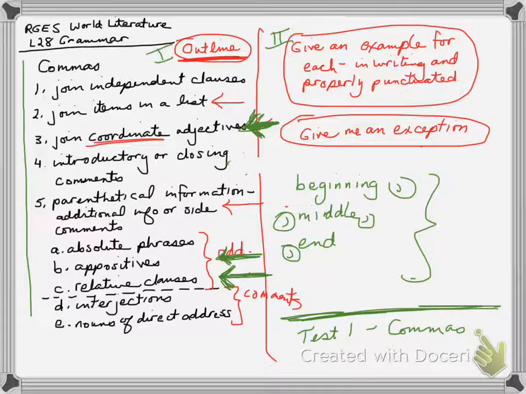Or I might say, give an example of 2 coordinate adjectives and give me 2 adjectives before a noun that is an exception to this rule. Okay, or illustrates the exception. Okay, because remember what we're really trying for is practical information on how to use this with your writing.